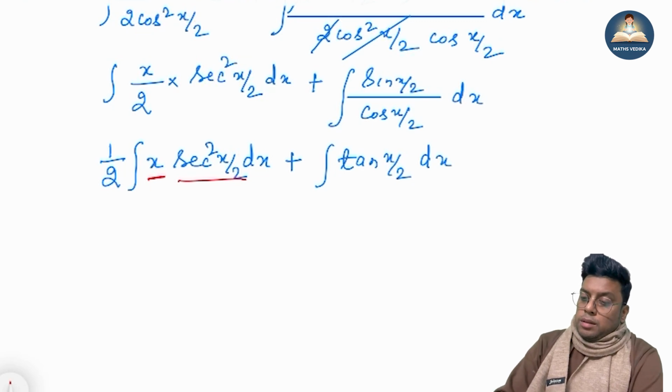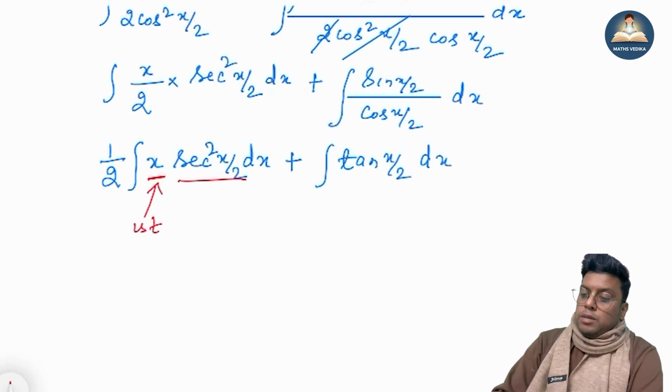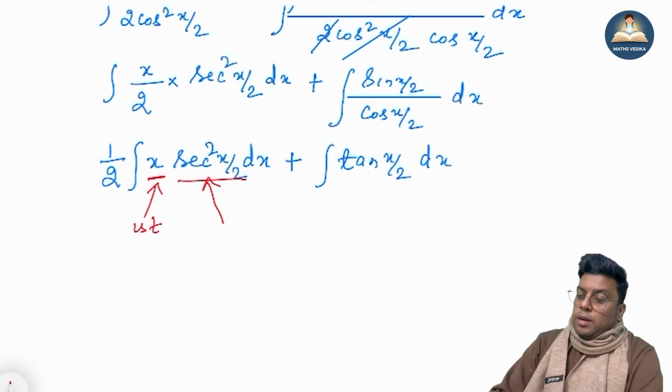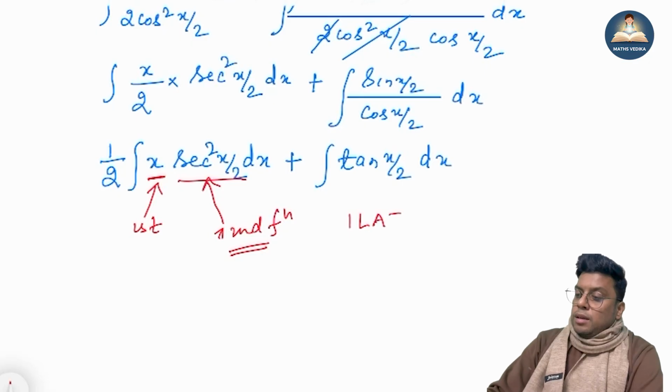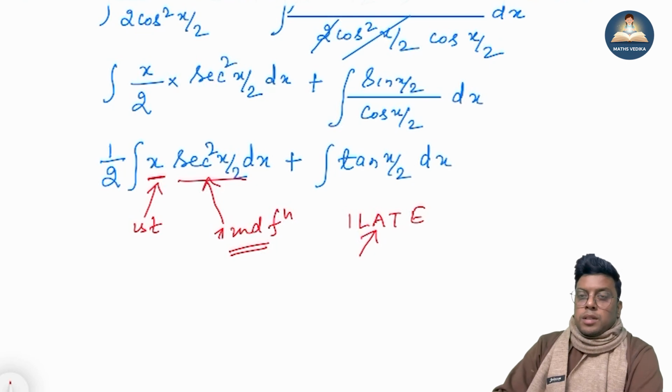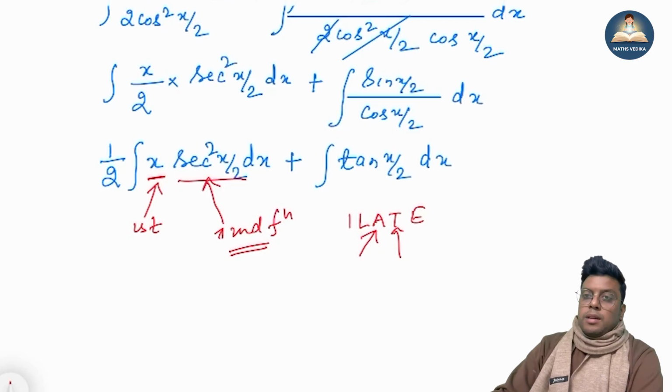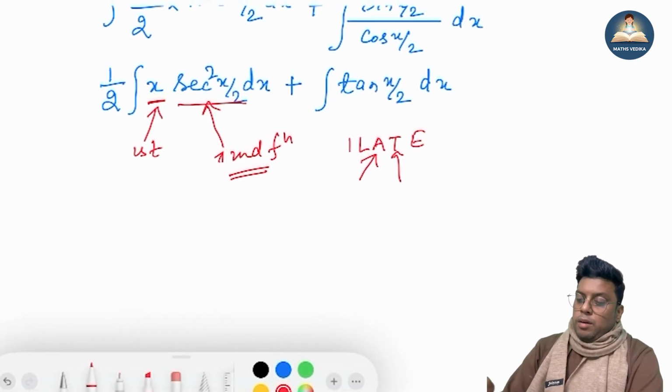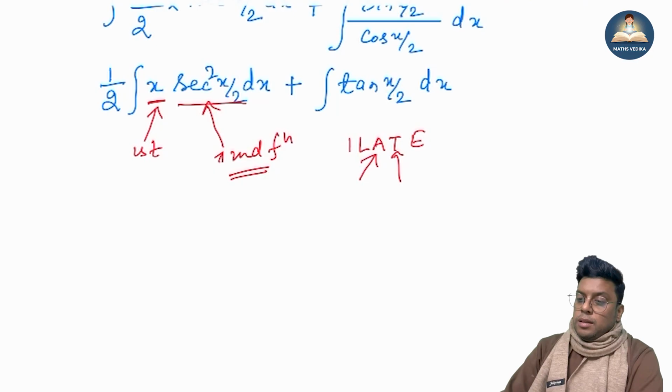We'll take x as the first function and sec² (x/2) as the second function, by applying the ILATE method, where the algebraic function comes first and the trigonometric function comes after the algebraic function. Okay, now we'll apply the formula of integration.